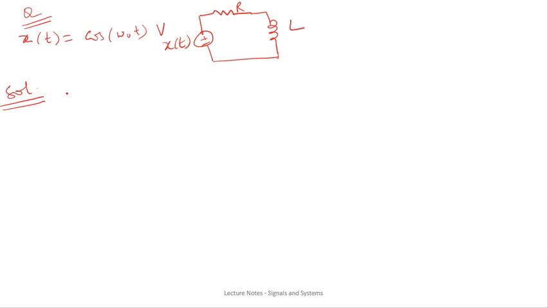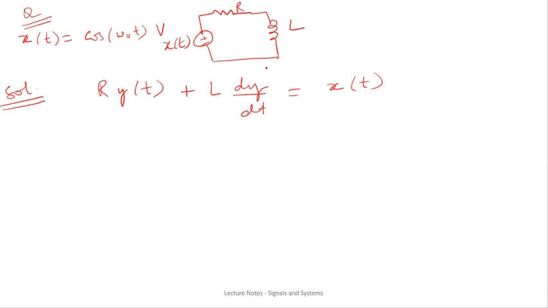So this is the question: if this is the given input, find the particular solution for this problem. Again you know that the differential equation which represents this system can be obtained easily. So this will be the differential equation.